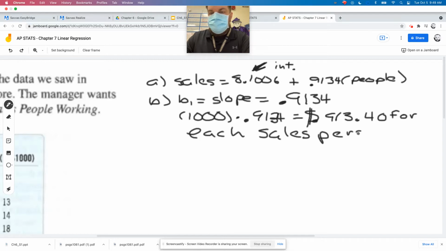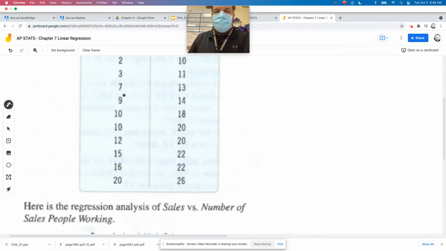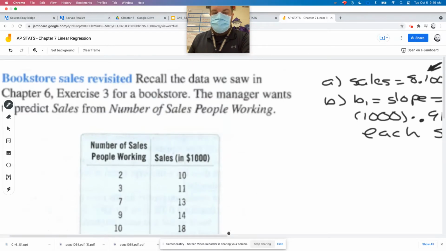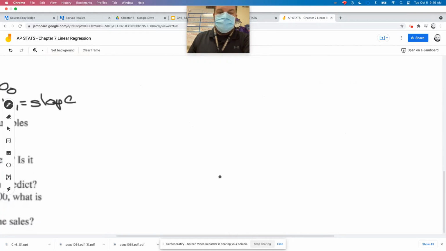So you could think of it as like a unit rate. Okay, so when I look over here, on average, if I had 8 salespeople, I plug that in and I multiply it by that, and it represents this number in thousands. So in other words, for each additional salesperson, I am expected or predicted to increase my sales by $913. Does that make sense? So now let's do part C.